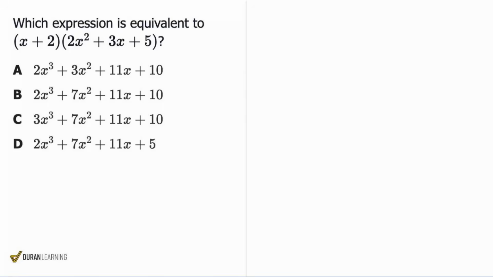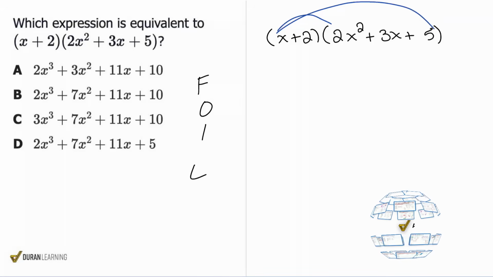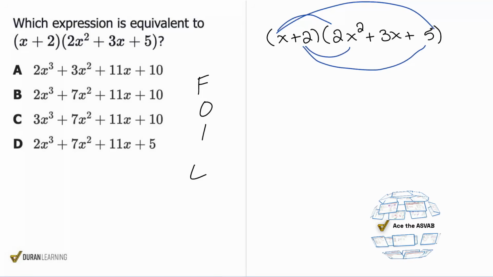So here's what I mean. If I am your average student who really relies on FOIL, they're going to think that when we write this down, x plus 2, and then we have 2x squared plus 3x plus 5, you might be thinking, okay, cool, let's do FOIL. But then you'll quickly realize, first, outside, inside, last.